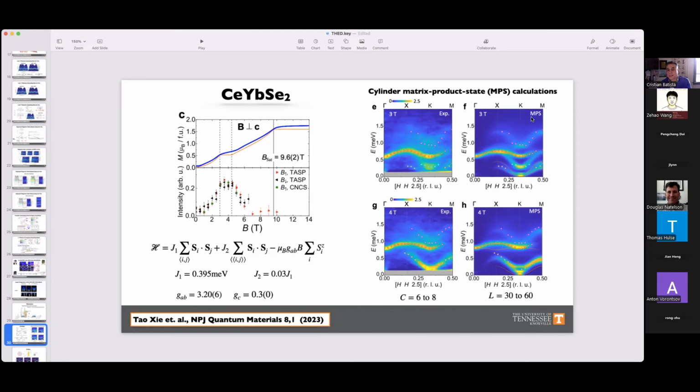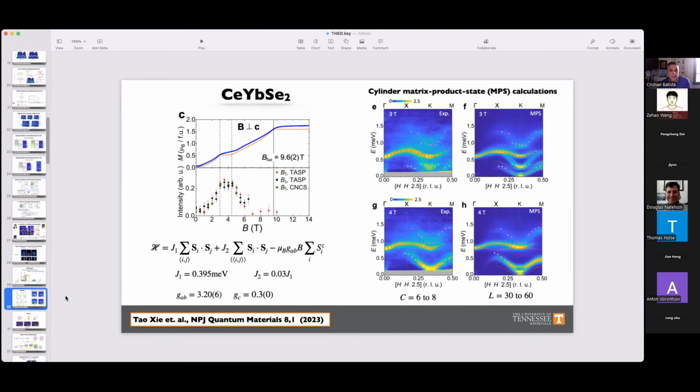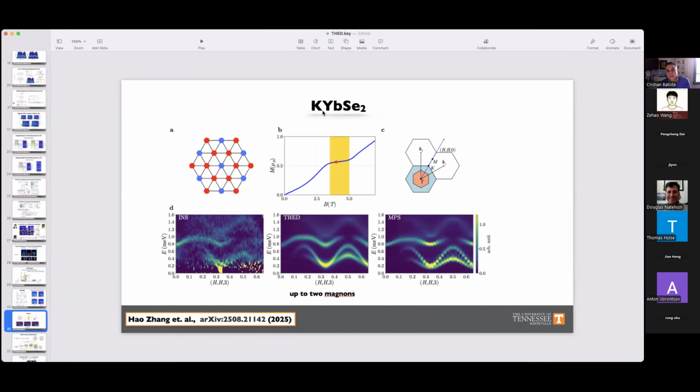These are calculations of the dynamical structure factor using DMRG on cylinders of this length and circumference from 6 to 8, and they can reproduce this resonance. And by fitting the data, they can also get the exchange interactions. Similarly, if you do the same for the potassium-based compound, this is data collected by Alan Shea from Los Alamos.